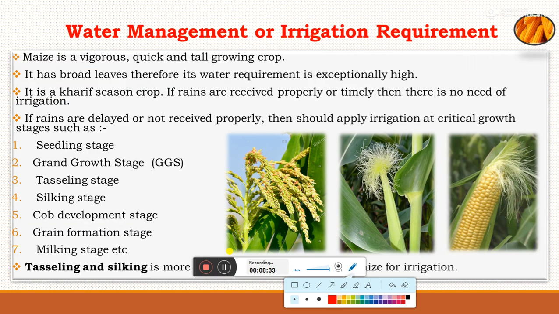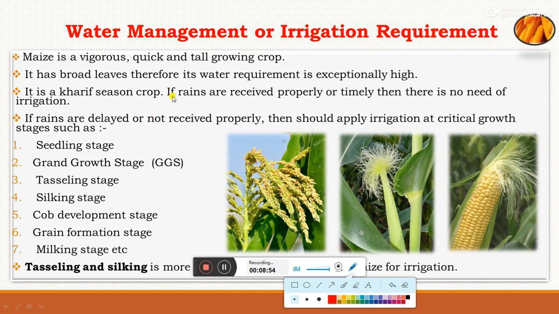And then next one, the water management or irrigation requirement. As the maize is a vigorous and tall growing crop, it has broad leaves, therefore its water requirement is exponentially high as compared to other crops, and it is a kharif season crop. If rains are received properly or timely, there is no need of irrigation.